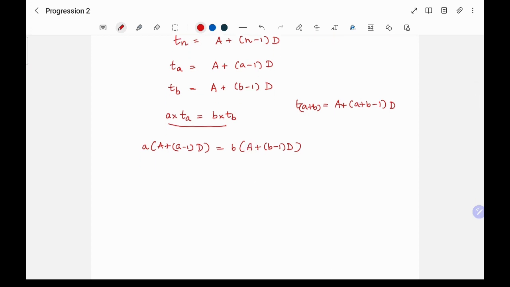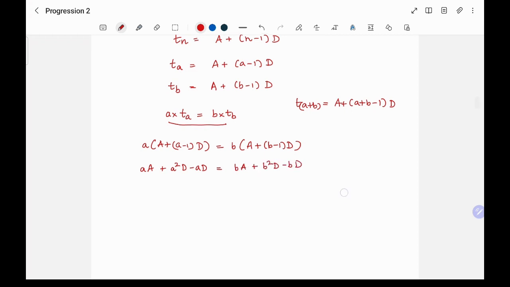I'm making this mistake again and again. So now let's multiply inside. a times A plus a square D minus aD is equal to bA plus b square D minus bD.